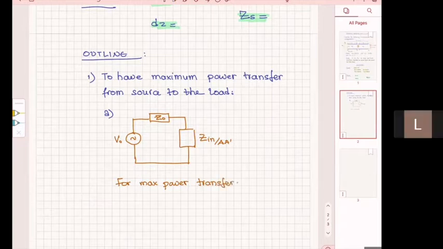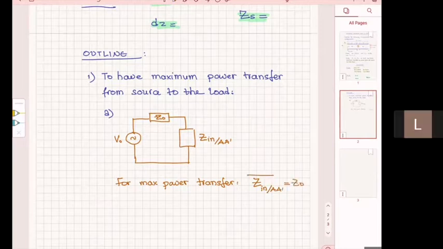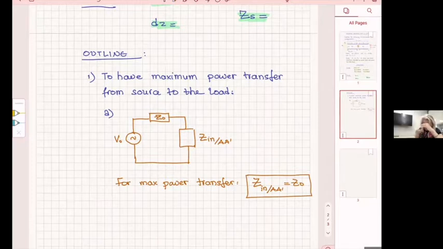Can I ask a quick question to bounce off this? Yes. Let me write this, and then I will hear the question. Okay. So what if Z naught in this case, not talking about characteristic impedance, but the internal impedance of the circuit, was complex? That would mean that the Z in at A prime would have to be the complex conjugate.